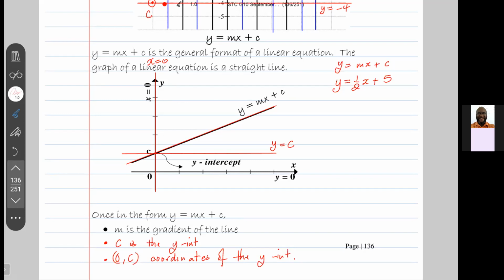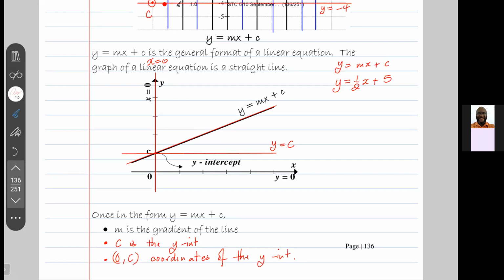Now, the difference between y is equal to mx plus c and y is equal to a half x plus 5 is that I know what m is and what c is. So just like how Janelle's name, Janelle Ellis, makes her unique, the gradient and the y-intercept make a straight line unique.